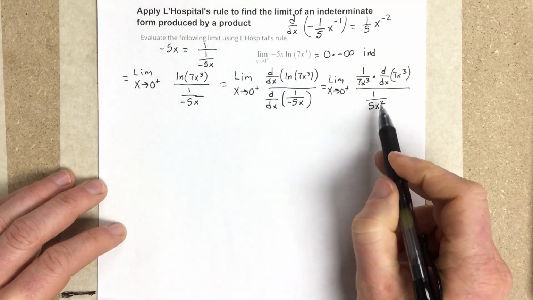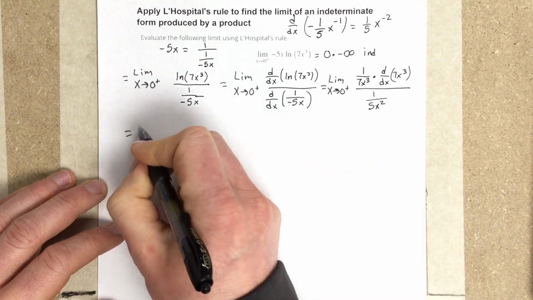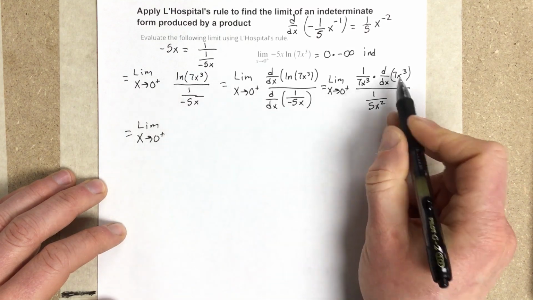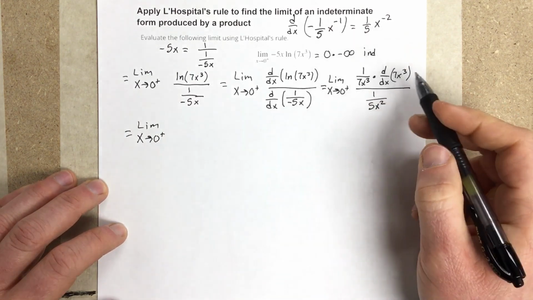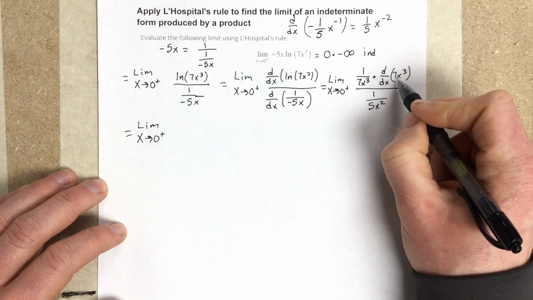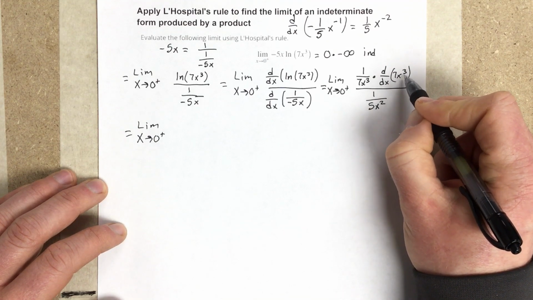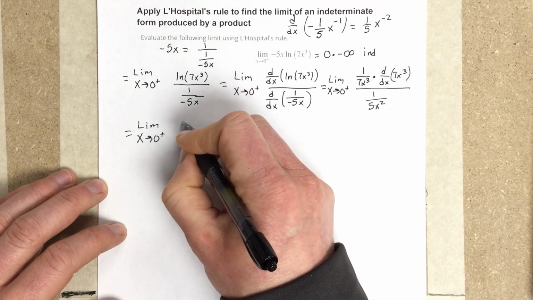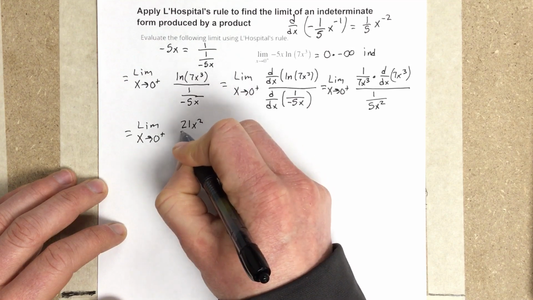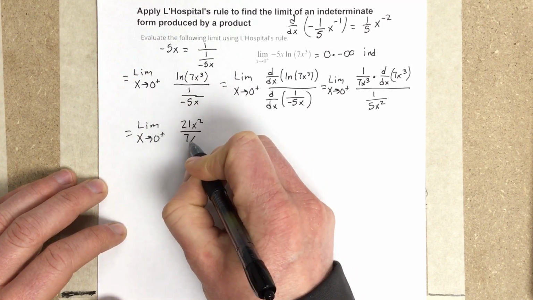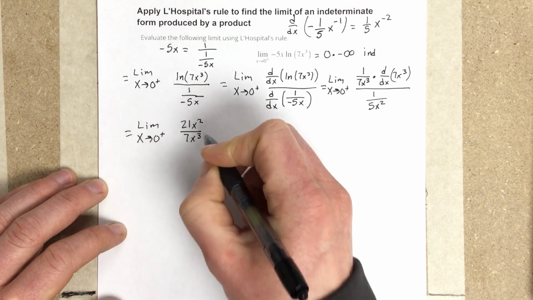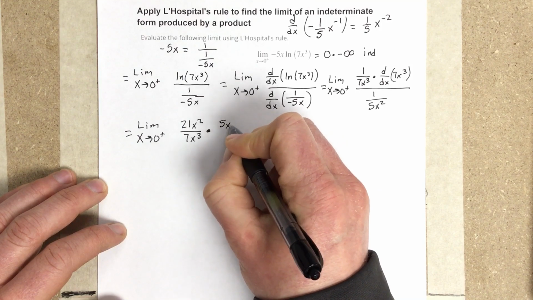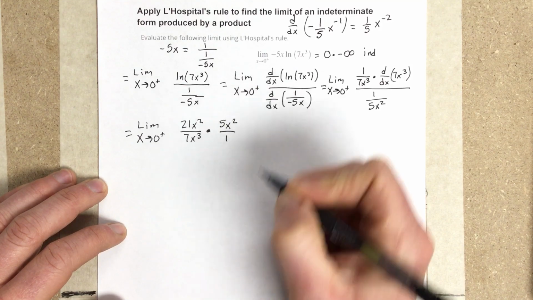Now I'm going to take the reciprocal of this denominator and multiply it to the top. At the same time, I'm going to take the derivative of 7x cubed, so it's 21x squared. This will be 21x squared in the numerator over 7x cubed, multiplied times the reciprocal of this fraction, which is 5x squared over 1.